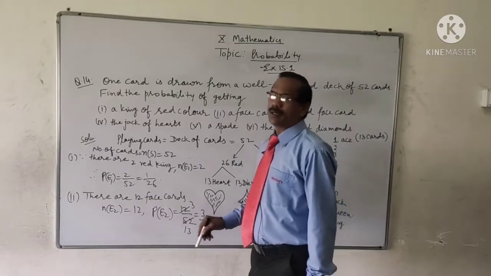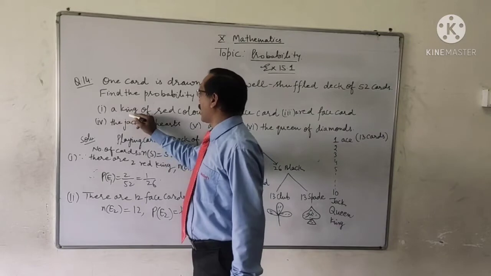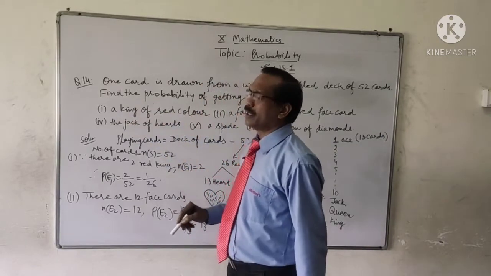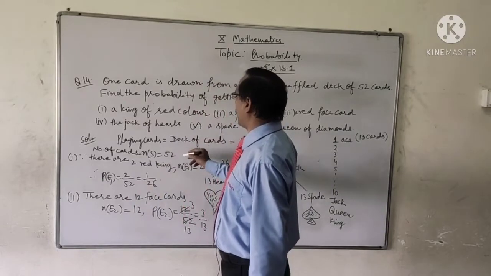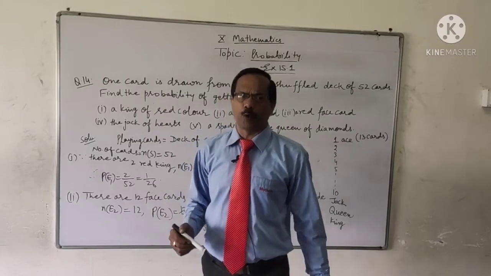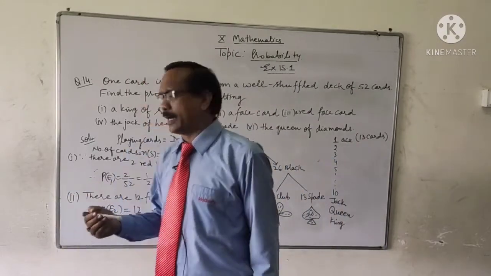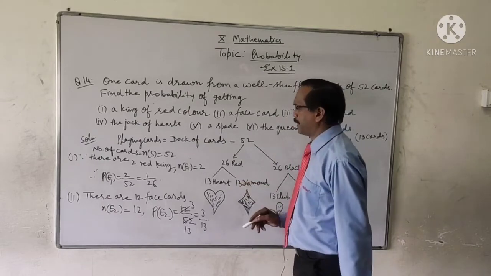Then let us come to the questions. In the first part, a king of red card. See, students, there are two red kings. Total kings are 4, in which 2 are red kings: the red king of heart and the red king of diamond.